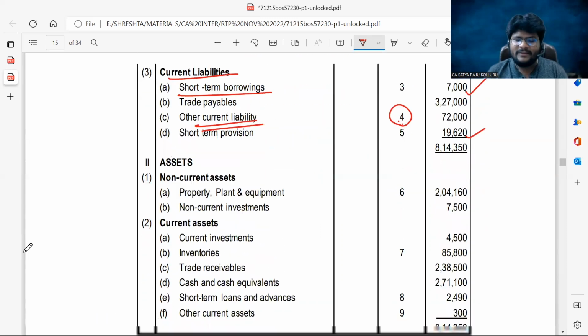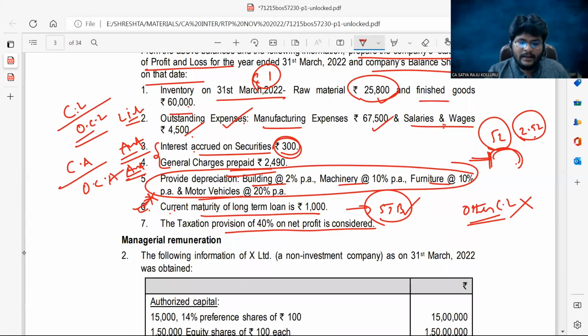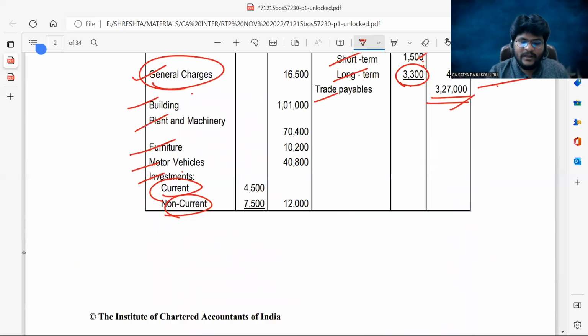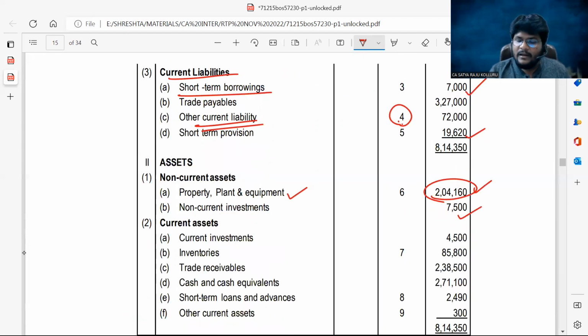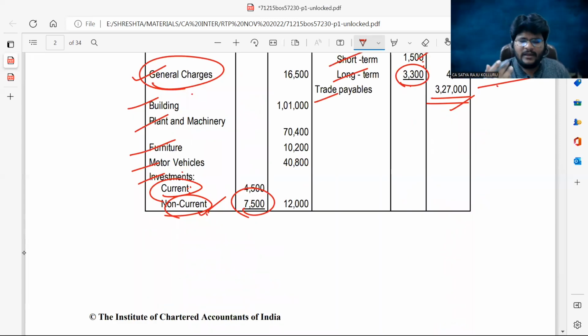Then come to assets. PPE you can work out after providing depreciation, how much amount it will come, you can put here. Then you can treat the given investment as a non-current investment directly. Sorry, non-current are there, current are there. Put the non-current investments here, which are 7,500. There is no other item in the non-current assets like intangible assets and all that stuff. Nothing is there. Then current investments you can put 4,500.